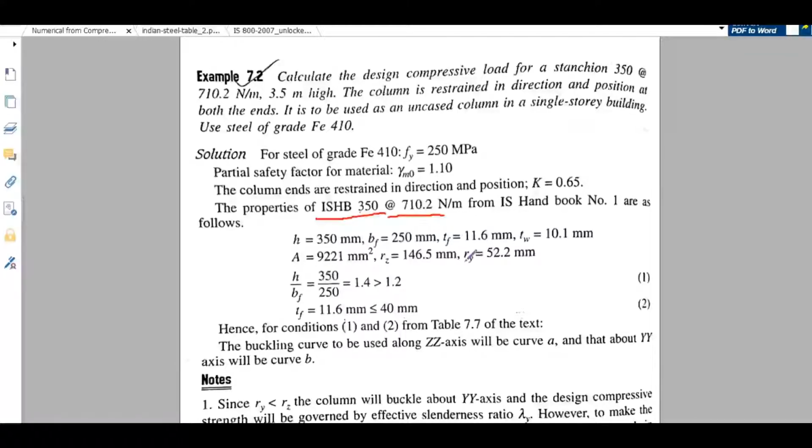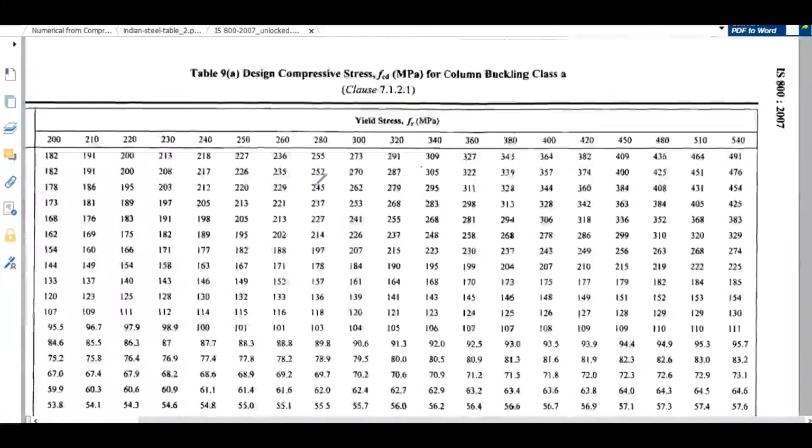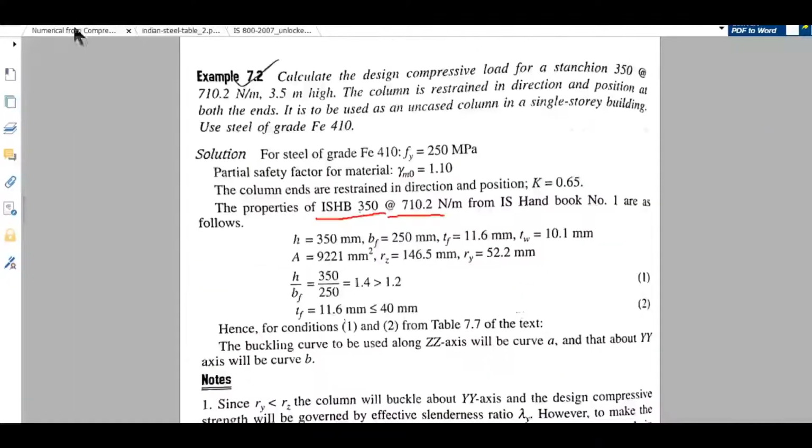This is mentioned in Table 10, buckling class of cross section, with limits on h, bf, tf. If we don't know these, how can we classify the section? So h by bf should be written in the numerical.